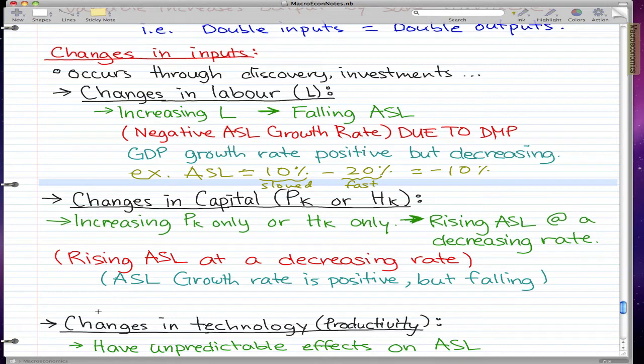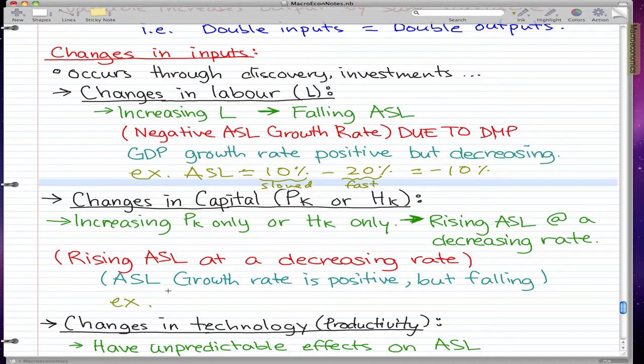A good example for this is, let's say we wiped out every human and replaced all human labor with machines. The machines have a positive growth rate.